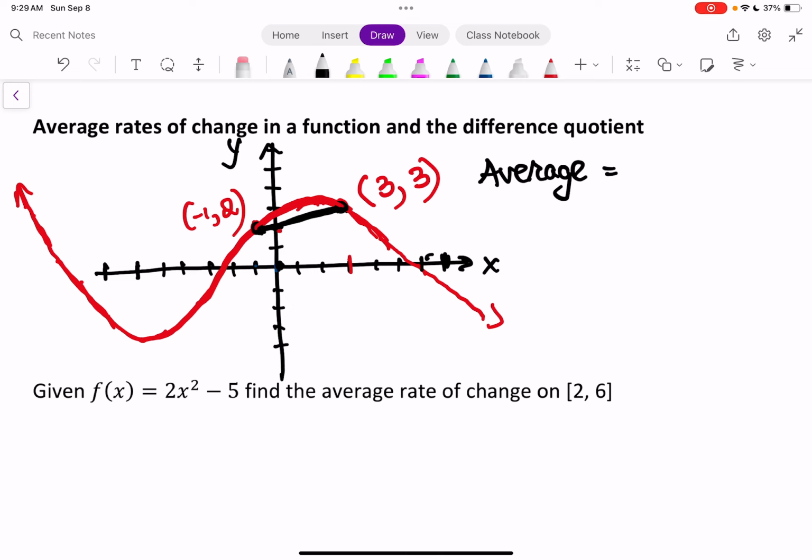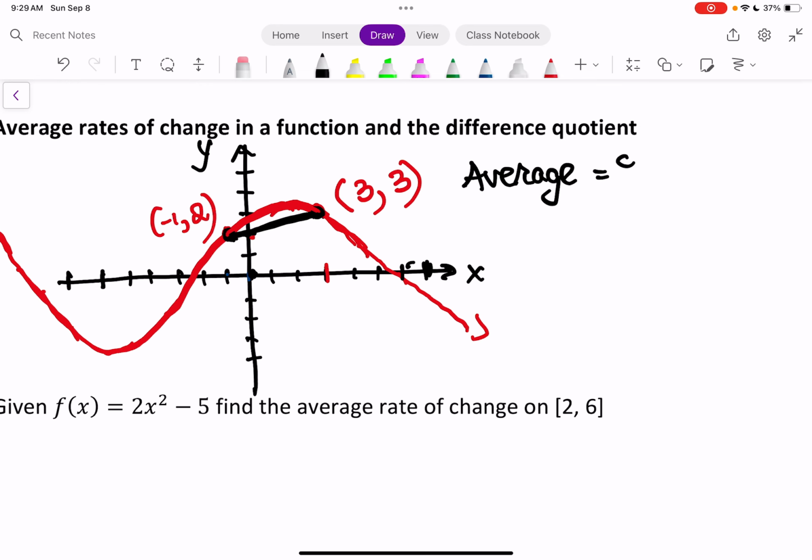So I'm just saying that I'm going to use the slope formula, but don't worry if you don't know it. That's what we're looking at is just the idea of average. So what I want to know when I'm looking at average is by how much did the y's change versus by how much did the x's change.